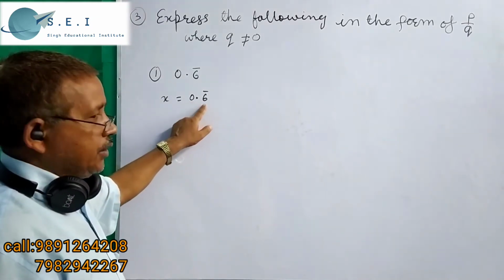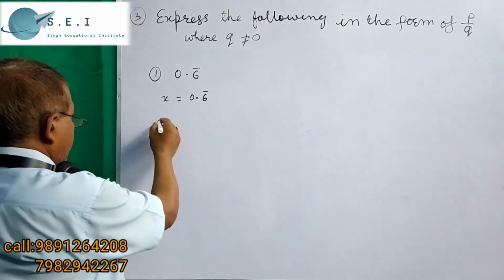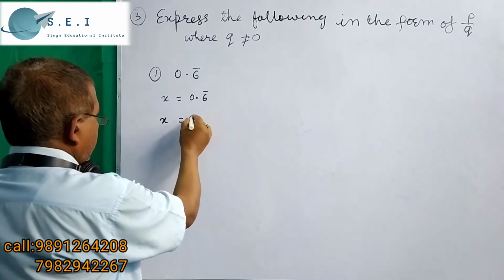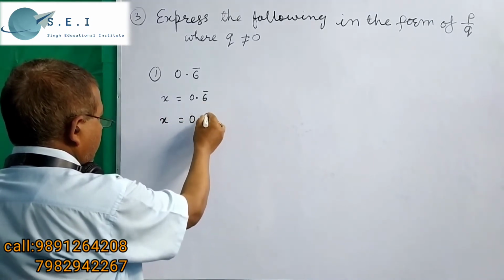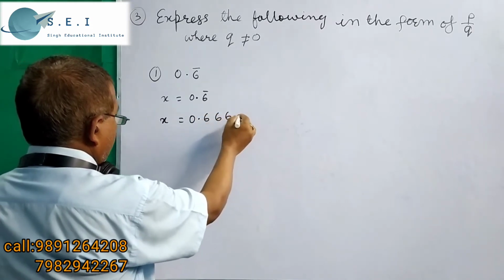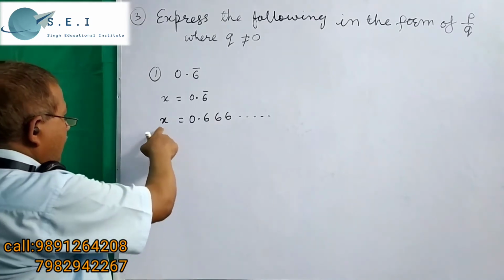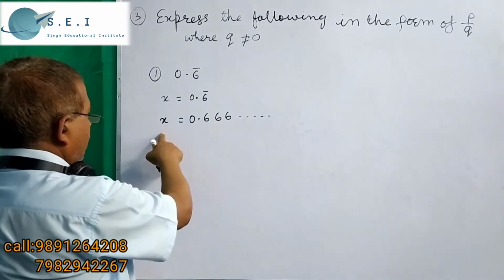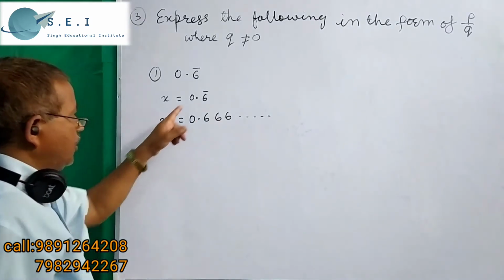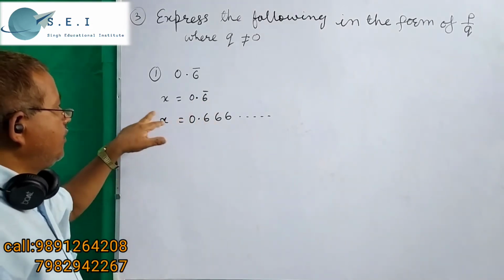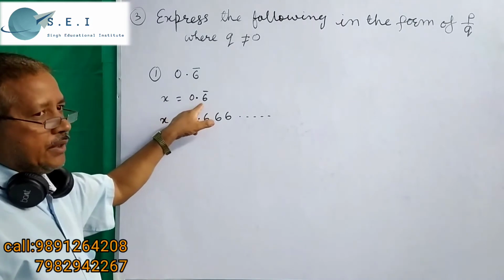The repeating digit is one. So 0.6 bar can be written as 0.666 and so on. Now multiply by 10. Why 10? Because the repeating digit is one, so we should multiply 10 on either side.